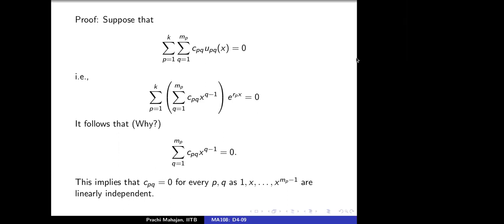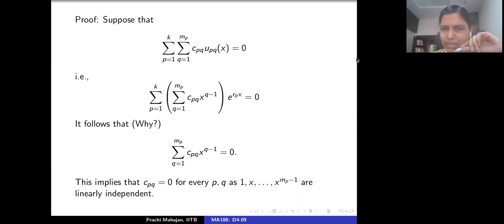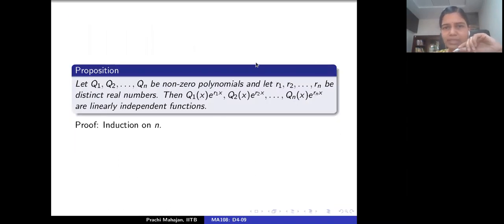Yeah, but we discussed that proposition just at the start of the class. So we are using that proposition. I'm using this proposition here. Instead of A, let's call it Q. These Q's are all functions of x and they must be linearly independent.